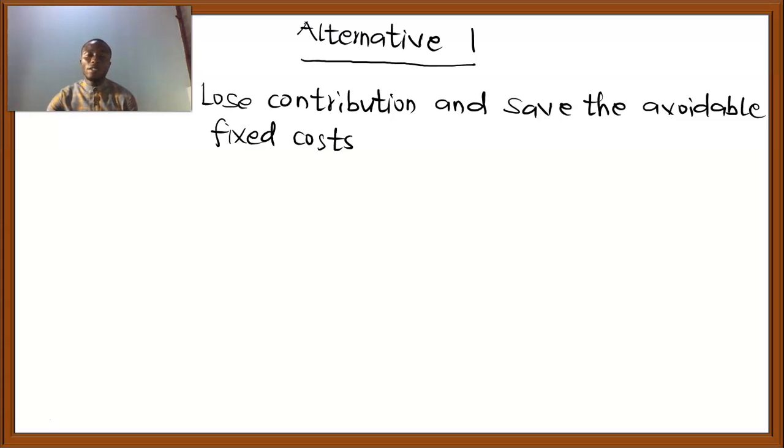And the avoidable fixed costs are costs that will not be incurred if you drop a particular division. They are costs that the company will not continue to incur in future if they decide to drop a particular division or a line of business or a product. So drop Eroka.